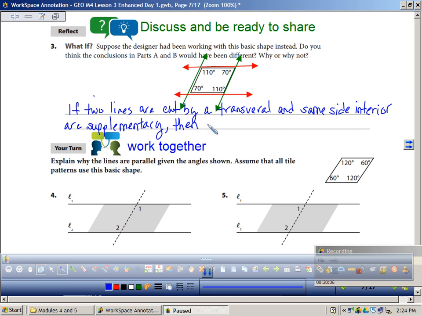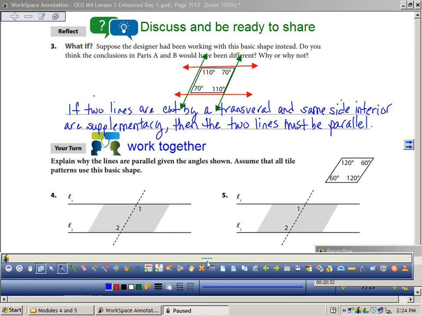Then the two lines must be parallel. It is a lot of writing. You know what? The more you write it, the more you're going to remember it.